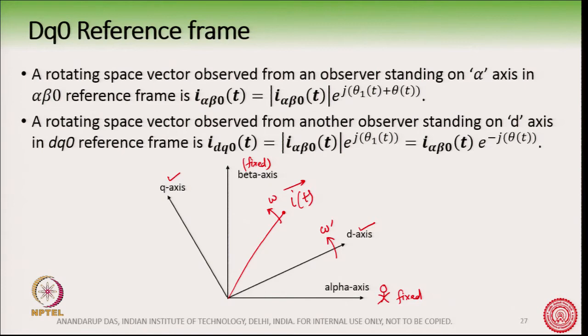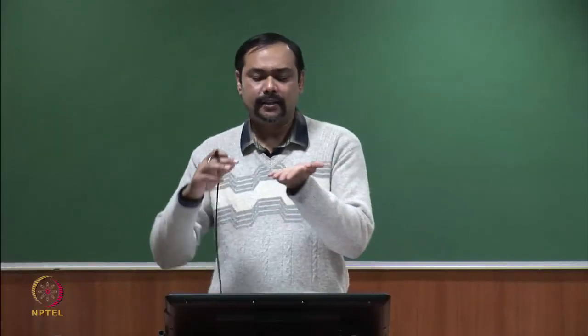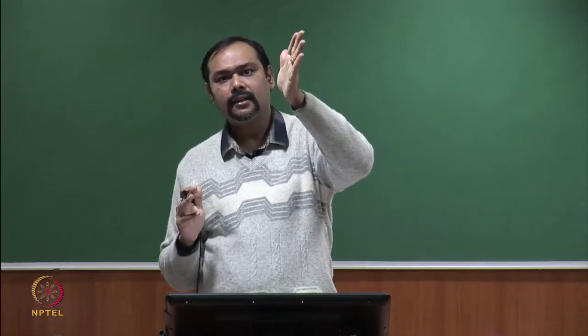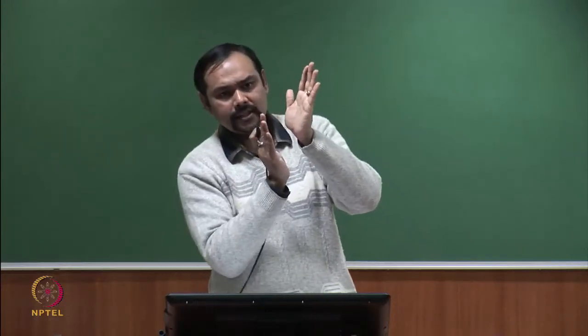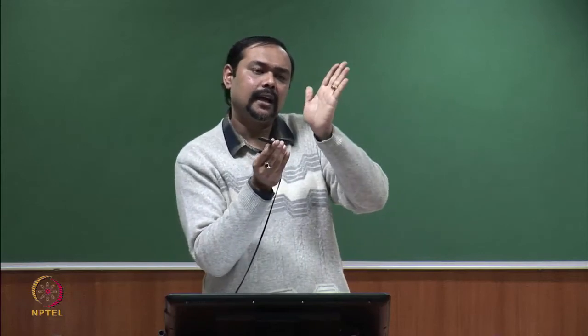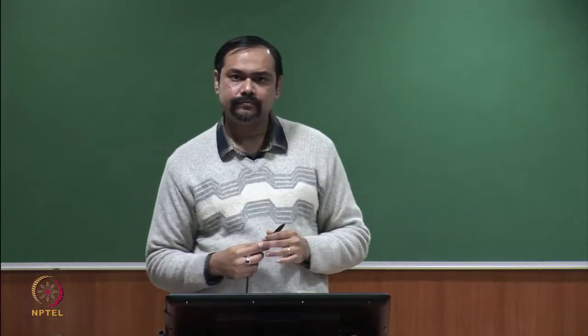Okay. How do you visualize this? There is a space in which the space vector is rotating at a certain speed, and there is another set of axes d, q and 0, and that is rotating at another speed.